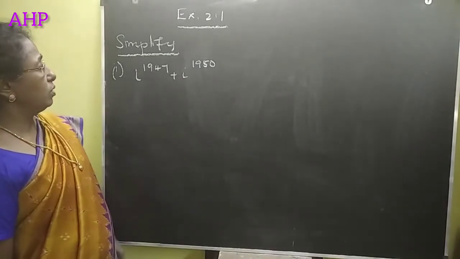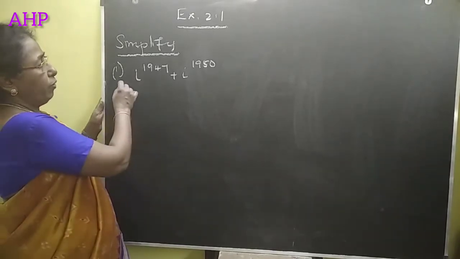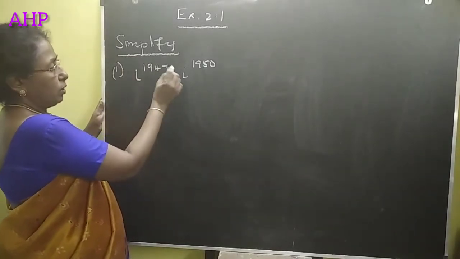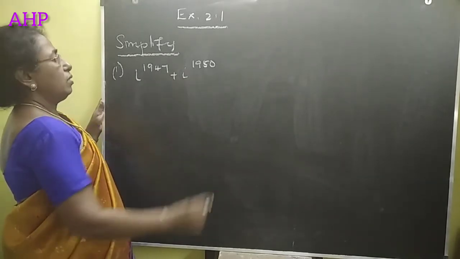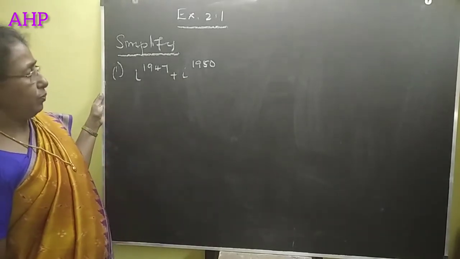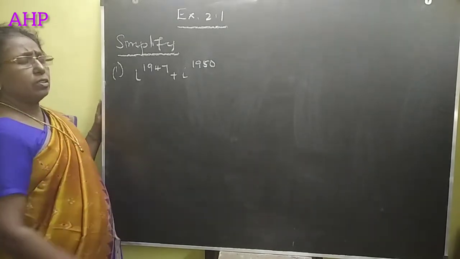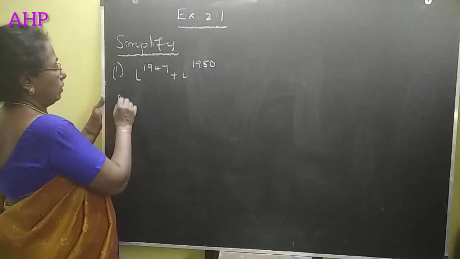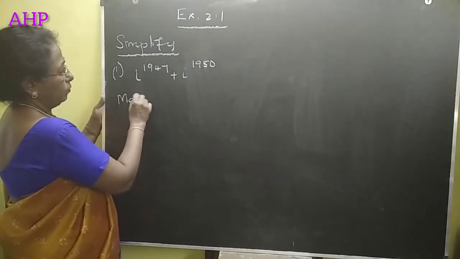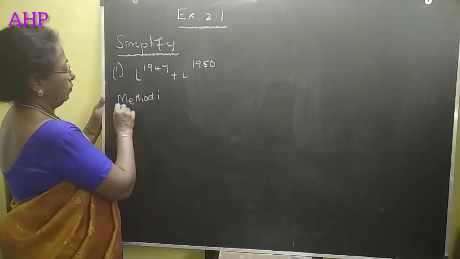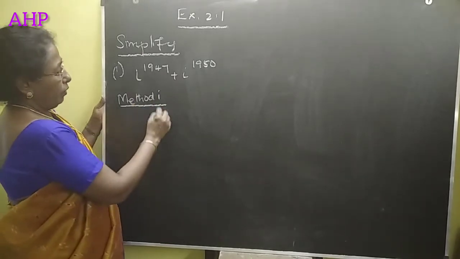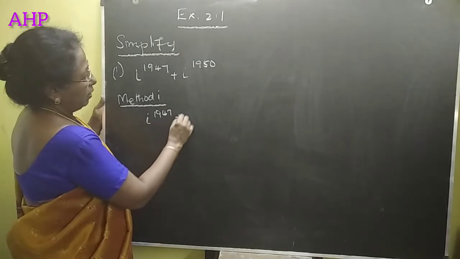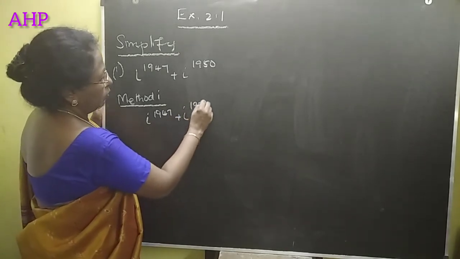Now the first question in this exercise is simplify i power 1947 plus i power 1950. This particular question we can try to do in 3 methods. Method 1. You are given i power 1947 plus i power 1950.